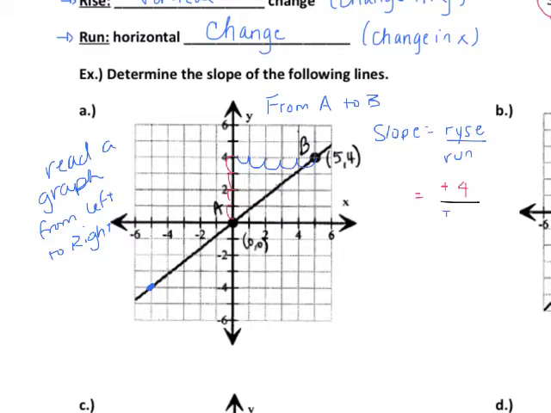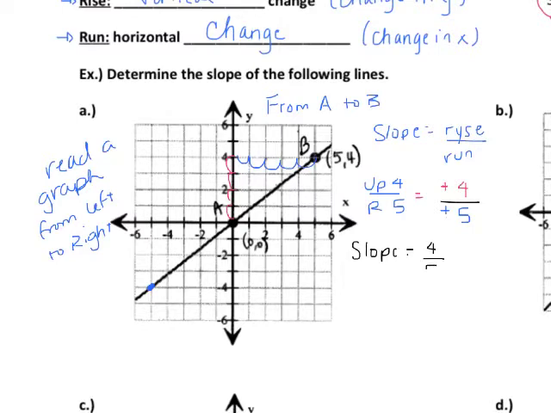The right on my number line represents a positive, so I've got a positive 5. So I'm going up 4 and right 5, which is the same as positive 4 over positive 5. So my slope in this case would be 4 over 5.